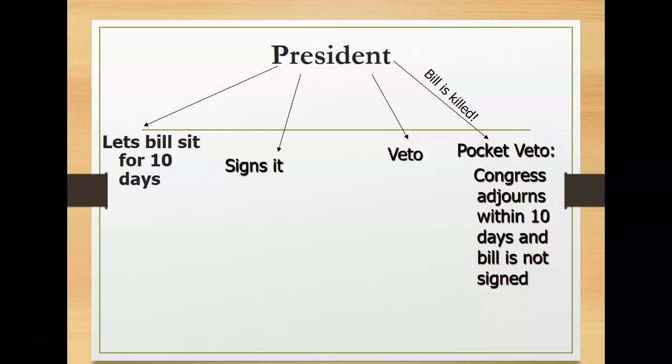They are now going to leave Congress and be reelected, hopefully, or maybe they lose their election. At that point, the president can choose to ignore that bill, and it essentially disappears. So it's very rare that this happens, because it does have to be within less than 10 days of a congressional session.